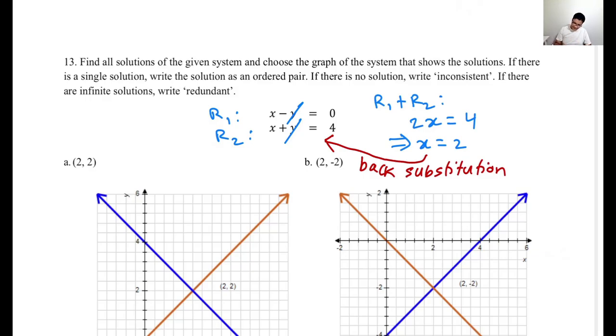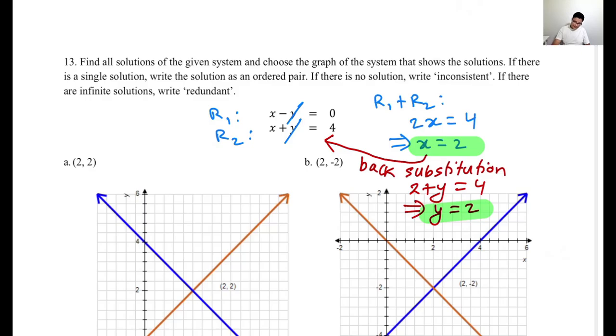If you do back substitution there, you'll get 2 plus y equals 4. When you solve that, subtracting 2 on the other side, you get y is also equal to 2. And that's it. Then you have the unique solution: x equals 2, y equals 2.